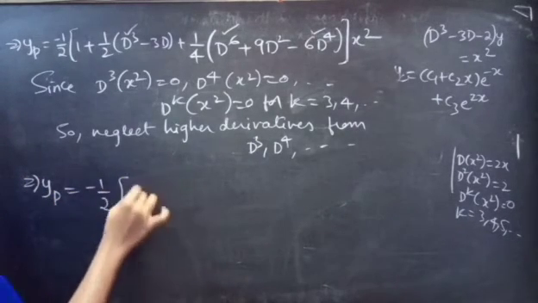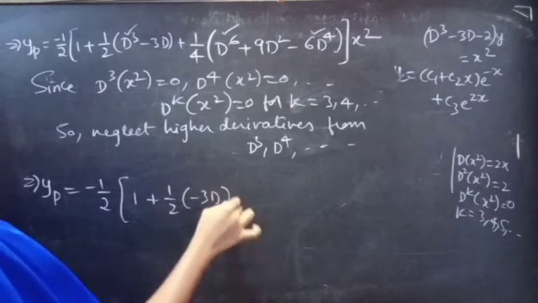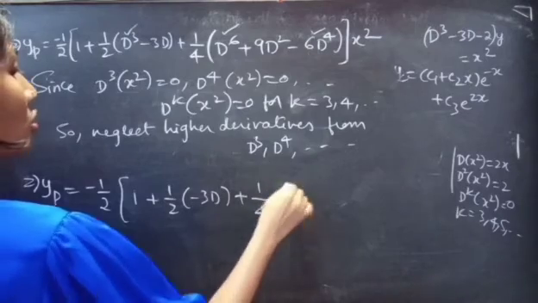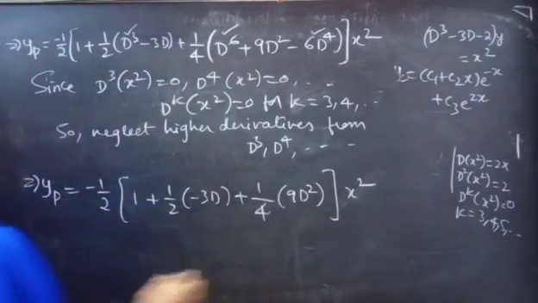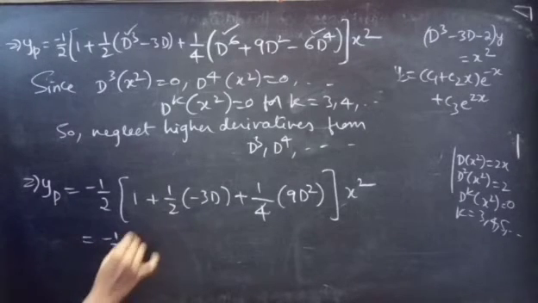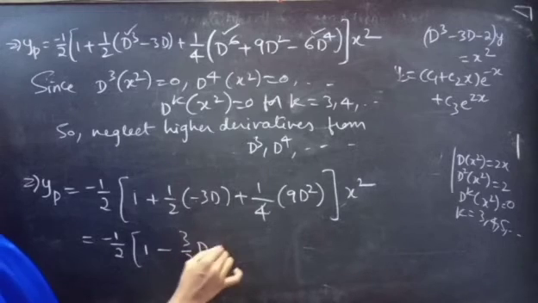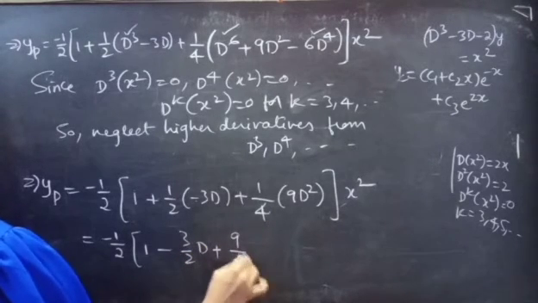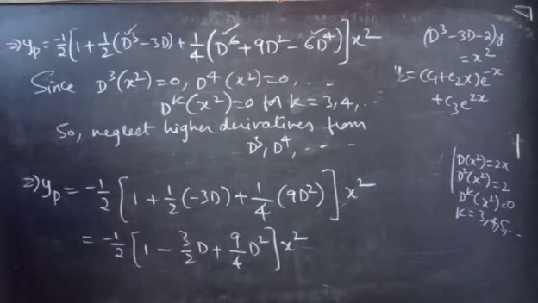minus 1 by 2 into 1 plus 1 by 2 into minus 3d plus 1 by 4 into 9d square, into x square. This is equal to minus 1 by 2 into 1 plus minus 3 by 2 into d plus 9 by 4 d square, into x square.